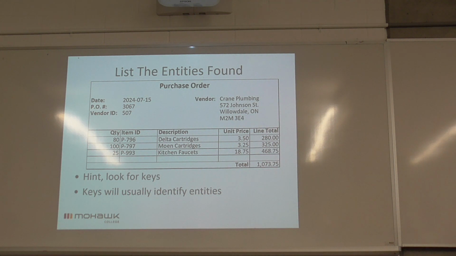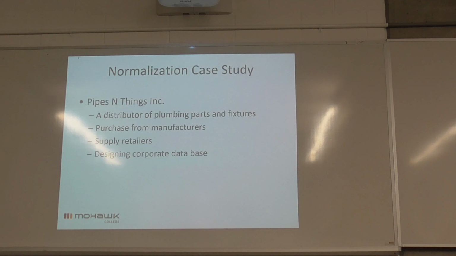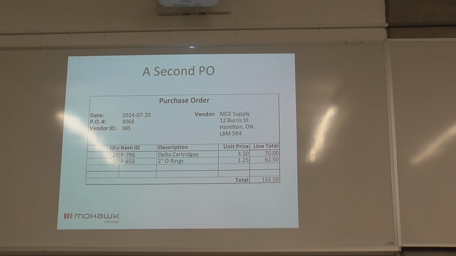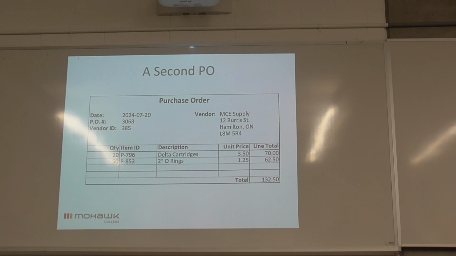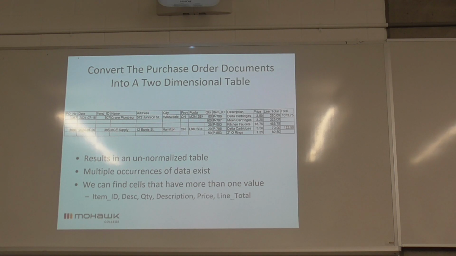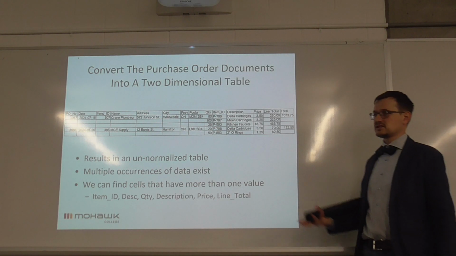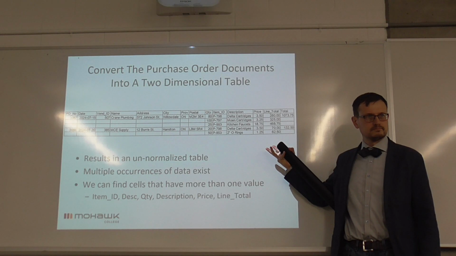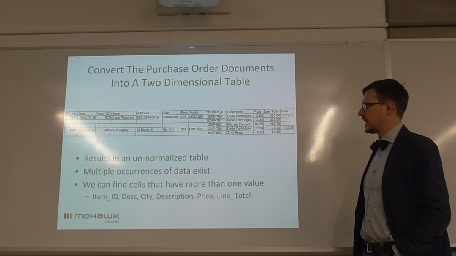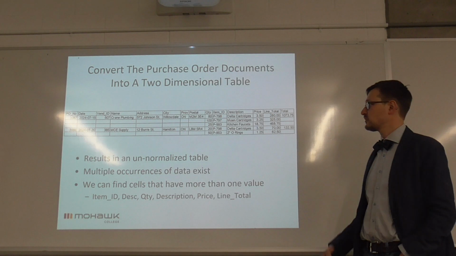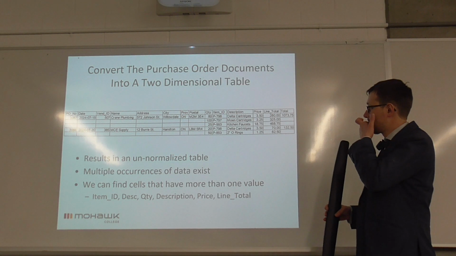Under zeroth normal form, we take this information and dump it directly into a table. Here's another one. Take those two, dump them into a table, and this is what we get. Right? So, we have multiple occurrences of the data, we have multiple redundancies.